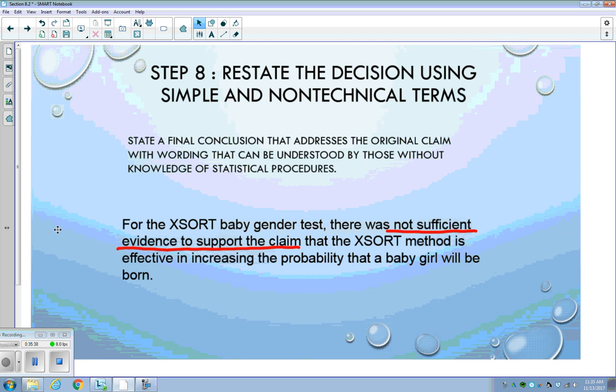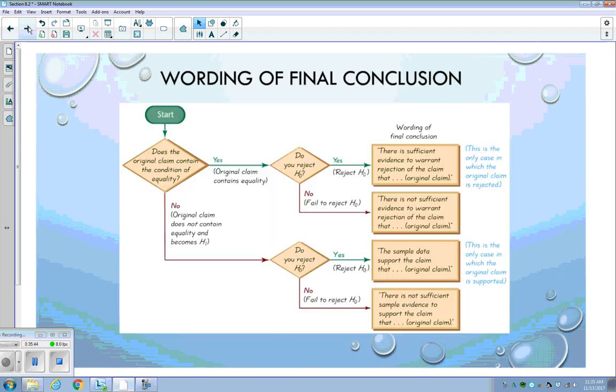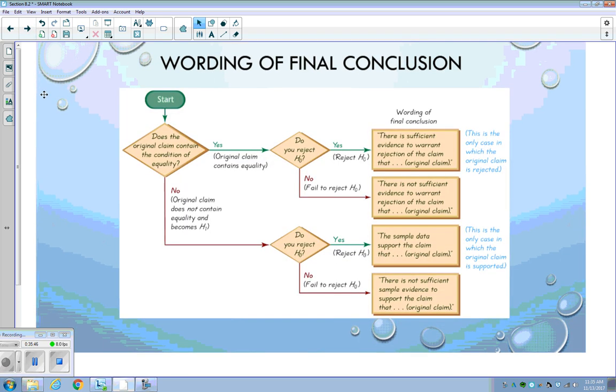Okay? It's like mud, right? I get it. Here's the wording of your conclusion. So even though we failed to reject, we still can't support it. Not sufficient evidence, because it's so close to that. Well, that's how we're always going to state it.